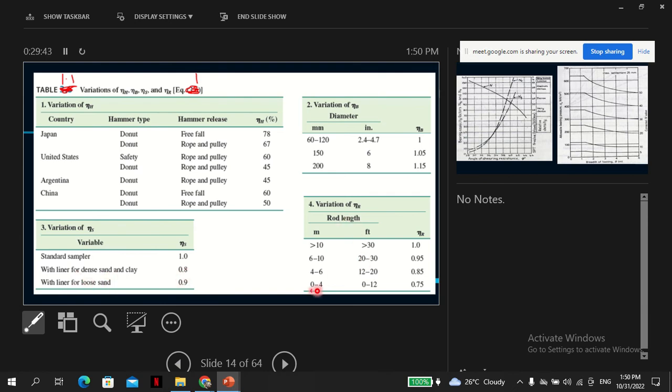Of course, the rod length. Also, if you remember, this has something to do with the arching effect we talked about.